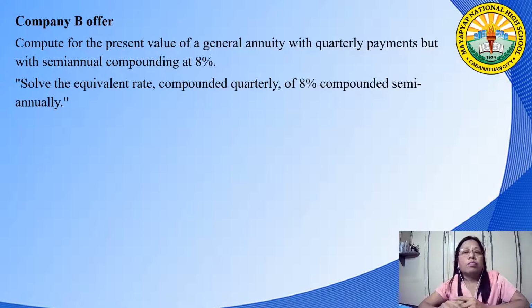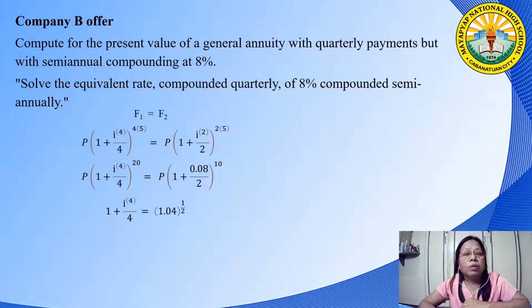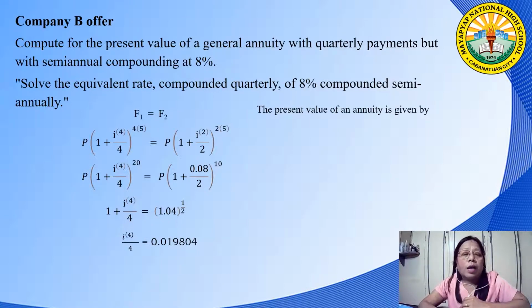You equate F sub 1 to F sub 2, so you replace the formula in finding the future value to solve for the value of i. So your i or j is equal to 0.019804.